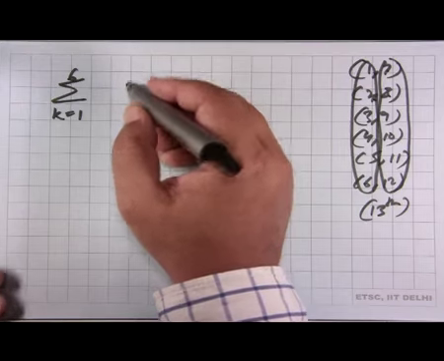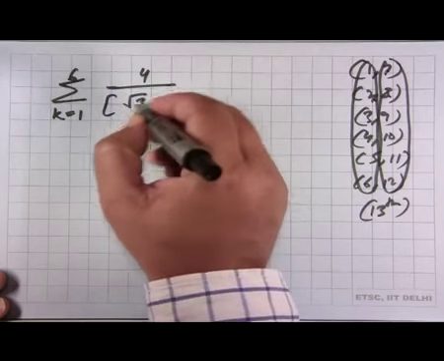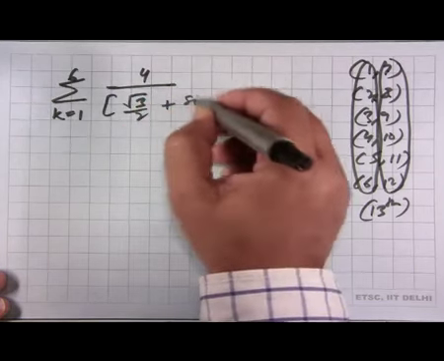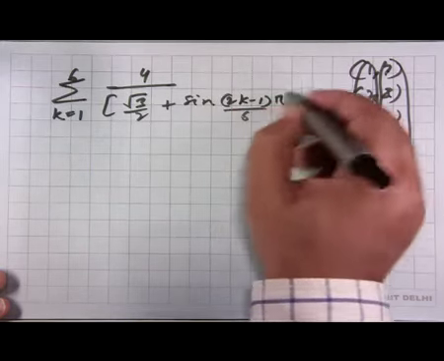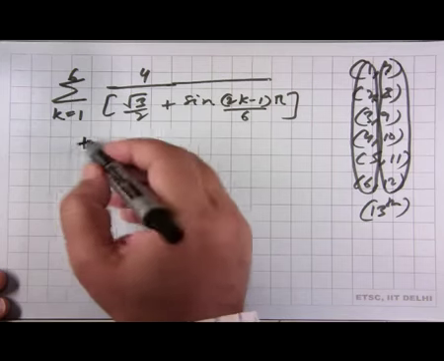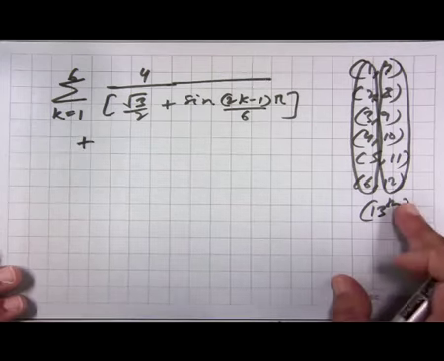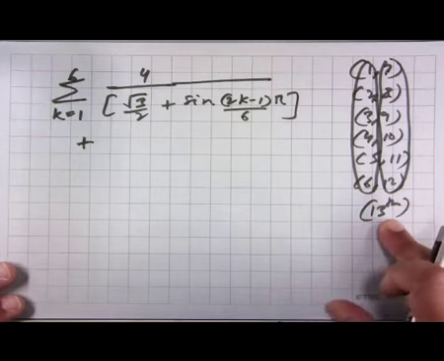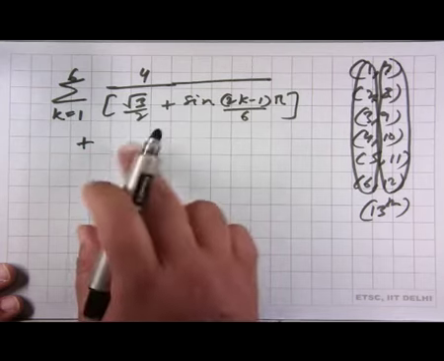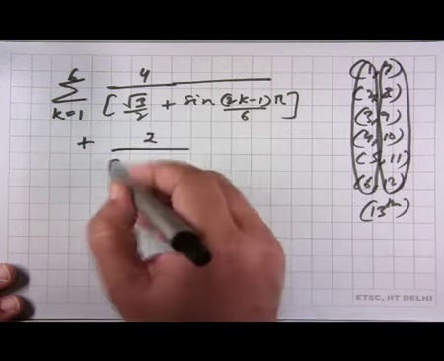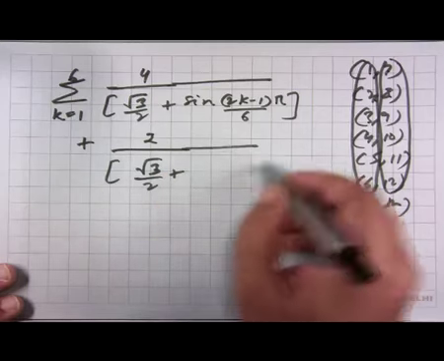the kth term is going to be 4 over root 3 over 2 plus sine of (2k minus 1) pi over 6. And then of course, we have a remaining 13th term which still remains, because since the 13th term is left out, we need to write another term here, which is 2 over root 3 over 2 plus sine of.